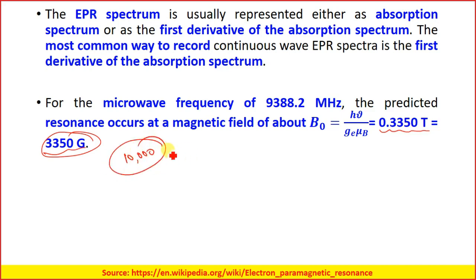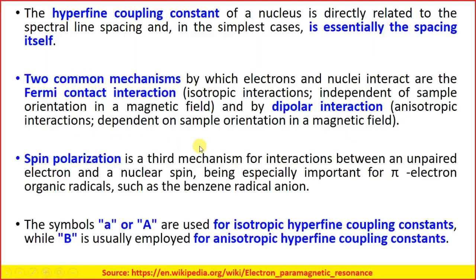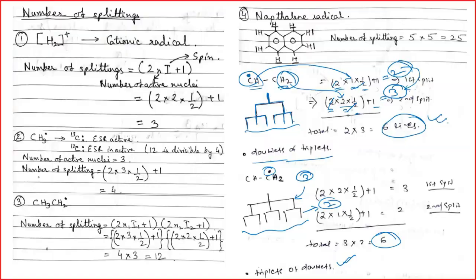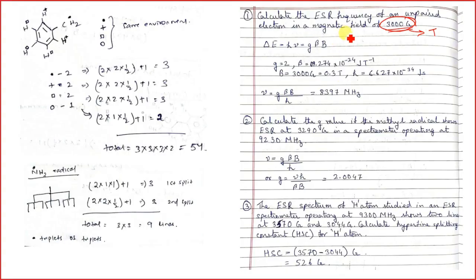Okay, you have to divide by 10,000. So here we want to find the ESR frequency of an unpaired electron in a magnetic field of 3000 Gauss. So what is it in Tesla? In Tesla, the magnetic field is 0.3 Tesla.